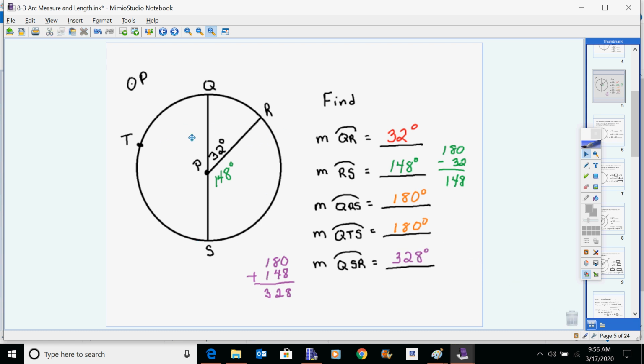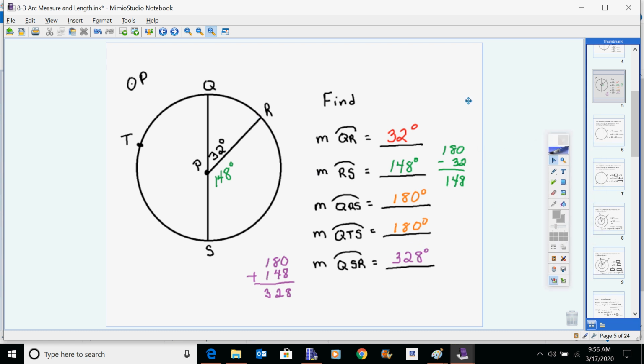Or some of you might say, well, wait a minute, I know the whole thing is 360, so I could take away 32 degrees. That would also give you 328 degrees. The measure of the major arc QSR is 328 degrees. Measure of an arc, as I said, is very different than the actual length of it, but we'll talk about the length a little bit later.